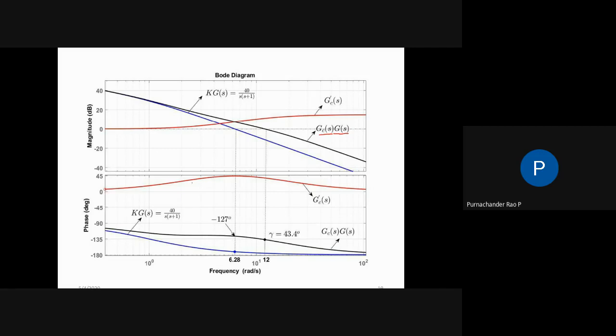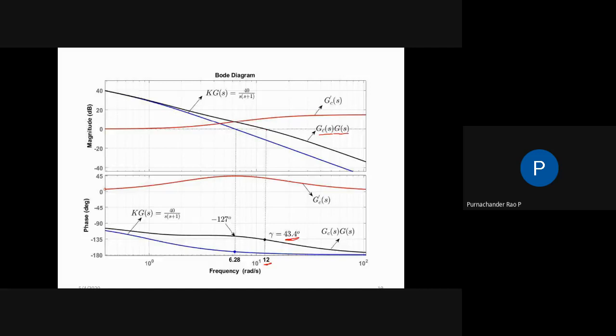So this compensator is providing a transfer function like this. This black line indicates the phase angle of the system, and at this point it is crossing, giving your phase margin. This phase margin will be equal to 43.4 degrees, at a frequency of 12 Hz.